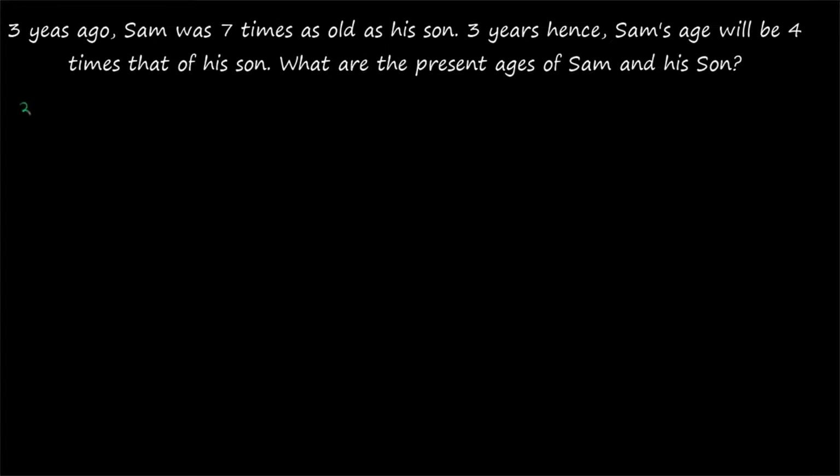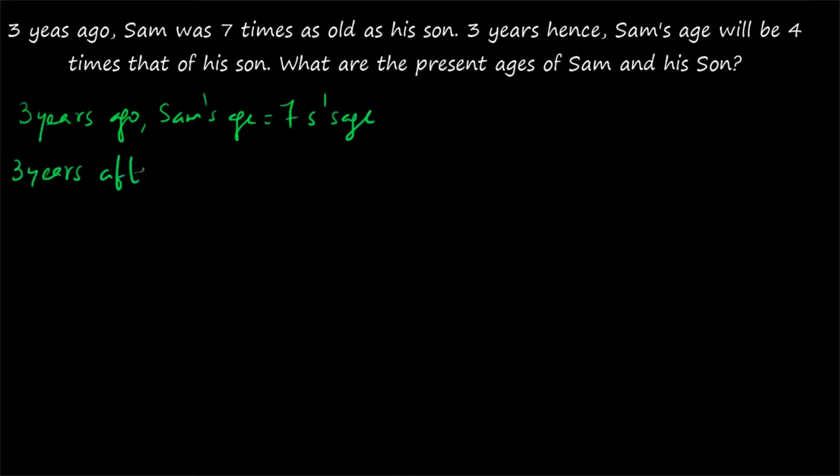So it is given 3 years ago Sam's age was 7 times that of his son. So Sam's age is equal to 7 times son's age. And 3 years after, in the future, what will happen? In the future Sam's age will be 4 times that of the son's age. Then you have to find out the present ages of Sam and his son.